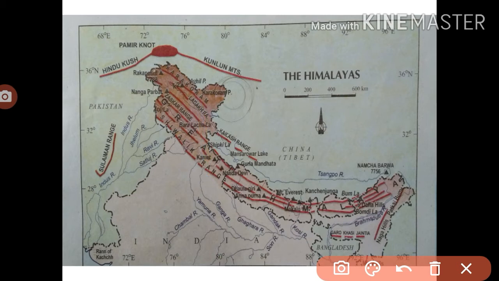These mountain ranges run in west-east direction from the Indus to Brahmaputra. See here, Indus river is here, and this mountain lies between the Indus river up to here, the Brahmaputra river.